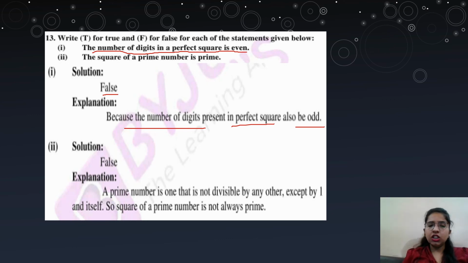The square of a prime number is prime. It is also false because a prime number is a number that is not divisible by any other number except 1 and itself. So the square of a prime number is not always prime, right?